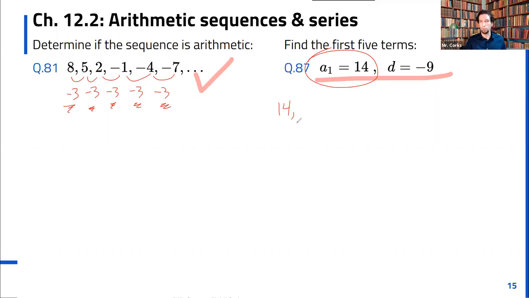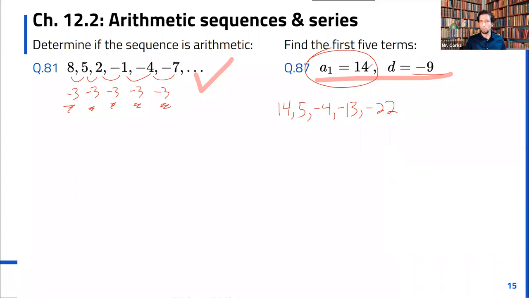So we do 14 minus 9, which gives us 5. Then we do our -9 again. 5 minus 9 gives us -4. Then -4 minus 9 again gives us -13, and then -22.